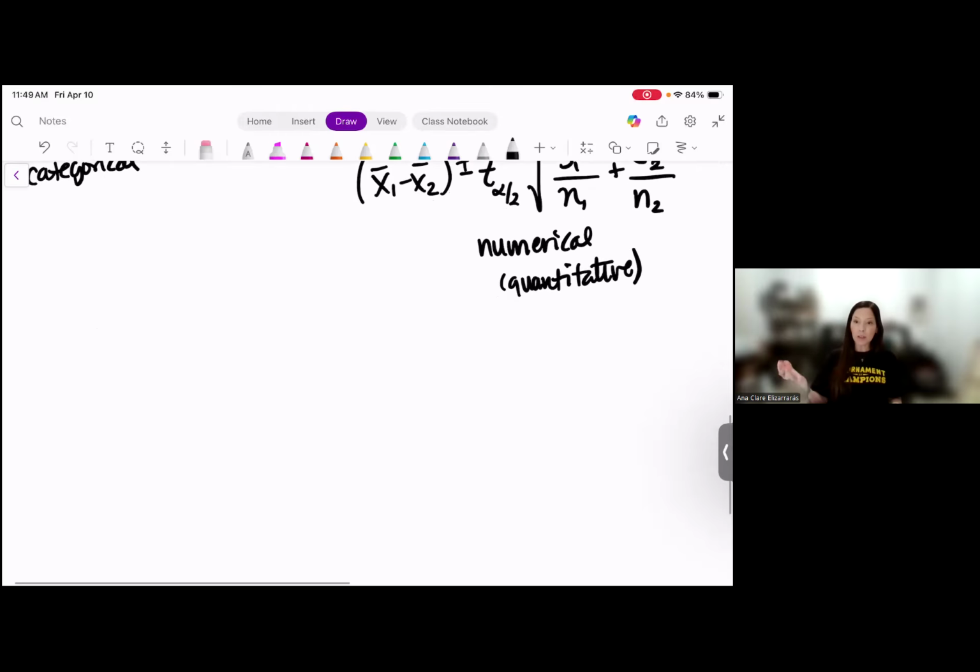And then our conclusion is exactly the same. So we are 90% confident that the interval captures the true population mean difference of whatever it is.